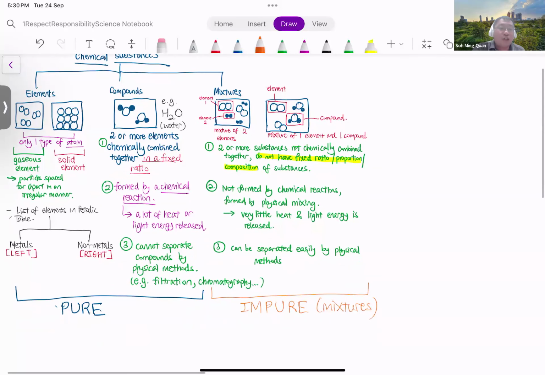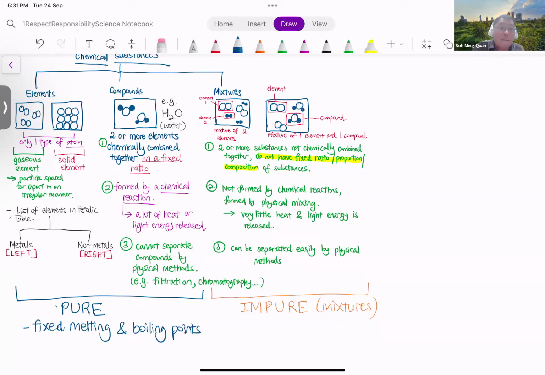So how can you differentiate between pure and impure substances in the lab? To determine the purity of a substance, we look at the melting and boiling point. Pure substances will have fixed melting and boiling points.